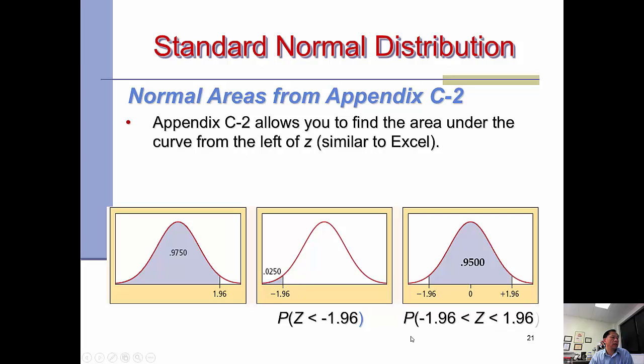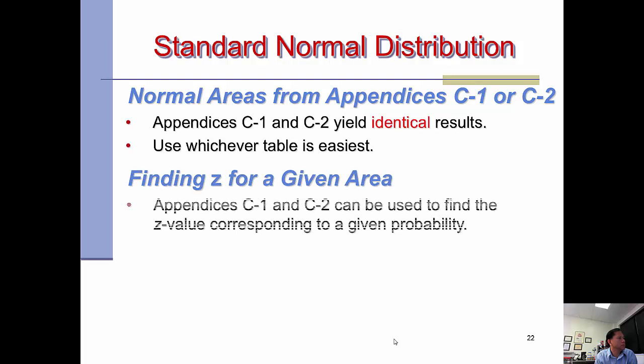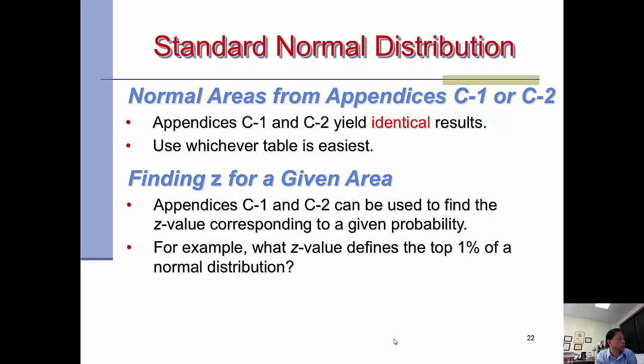So you can use C1 and C2 to find your probability. They will give you the exact same answer, and it's just a matter of which one you want to use. They give identical results. Use whatever is easiest for you.